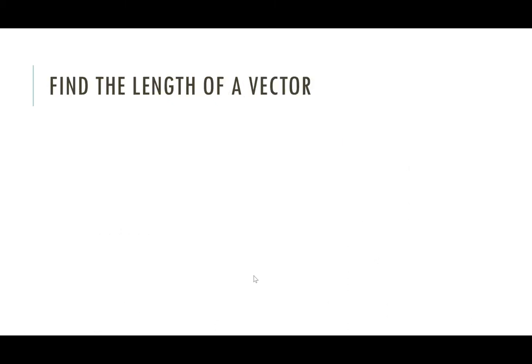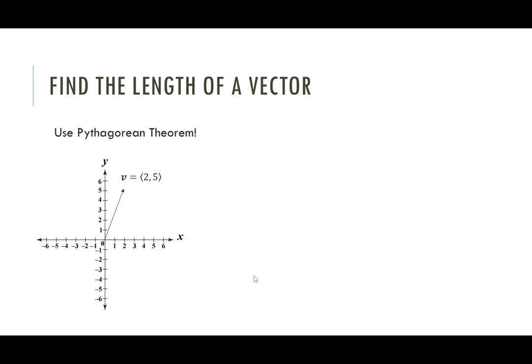Now that we have this algebraic way of thinking about vectors, we have a nice way to calculate the length of a vector, which is, again, its magnitude. If we didn't have the algebraic representation, we'd just be measuring the lengths of arrows. But with the list of numbers, we use the Pythagorean theorem.